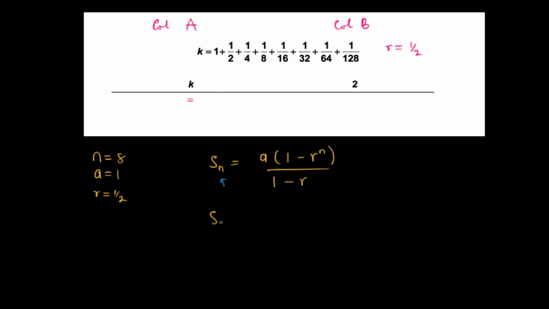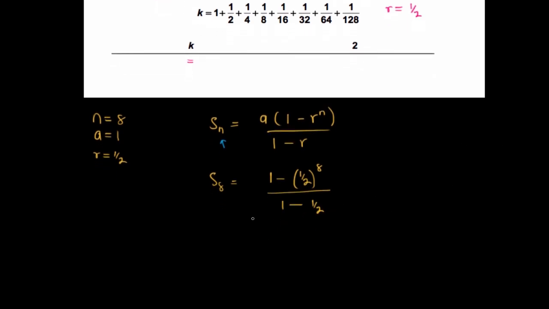So the sum of the 8 terms is going to be, the first term is 1, so we do not need to write that. So that's going to be 1 minus 1/2 all to the power 8, divided by 1 minus r, where r is half.